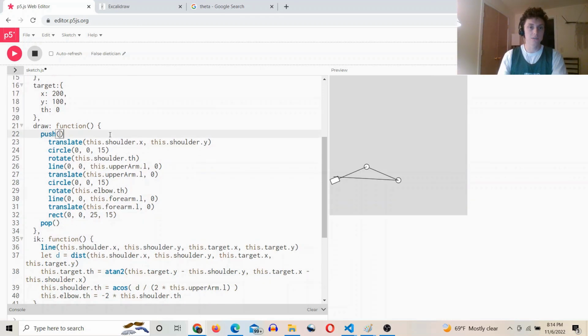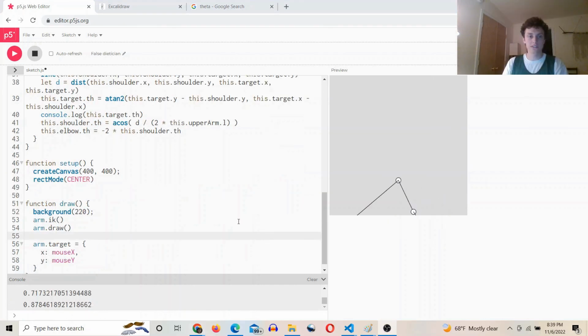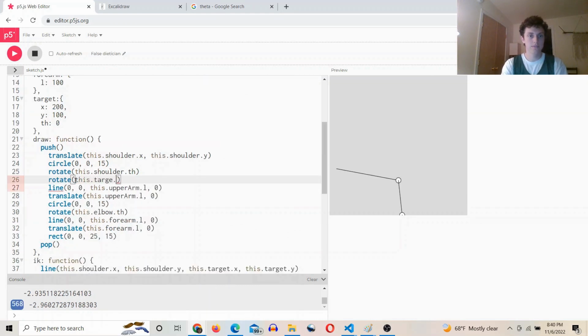And then up top here, after we translate to the shoulder, we're going to rotate by the shoulder plus this.target.theta. So we had to call IK before draw, I think. And then yes! Check it out. Inverse kinematics.